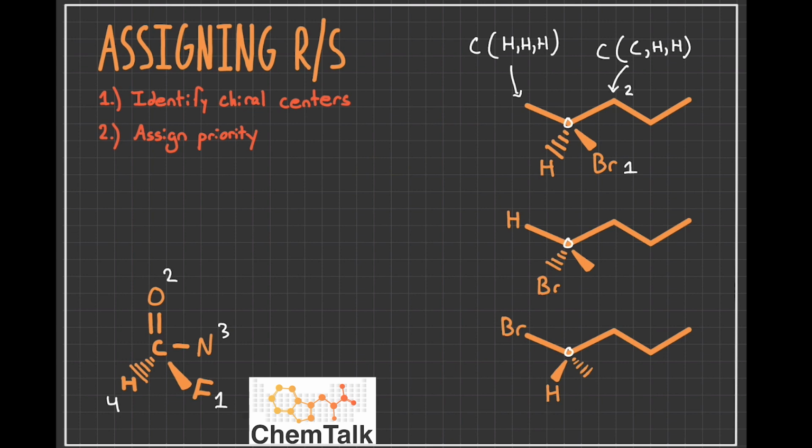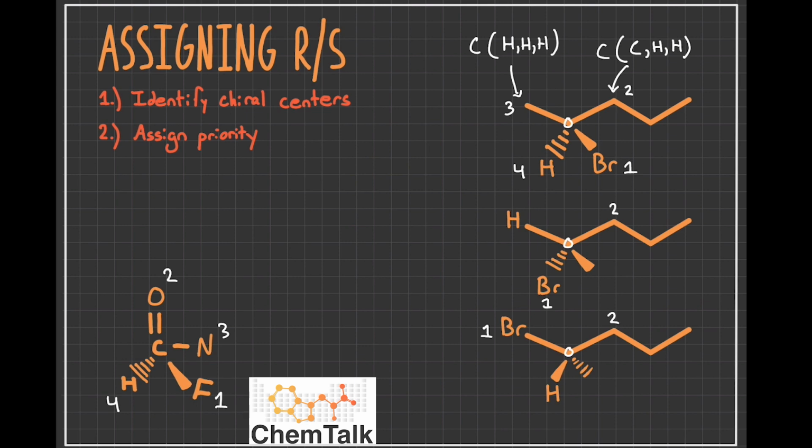The other carbon substituent group, the methyl, is bonded to 3 hydrogens and our chiral center. So, if we compare the two, the propyl carbon will get the higher priority, priority 2, because it's bonded to atoms with higher atomic numbers. The other carbon, the methyl carbon, will be given priority 3.